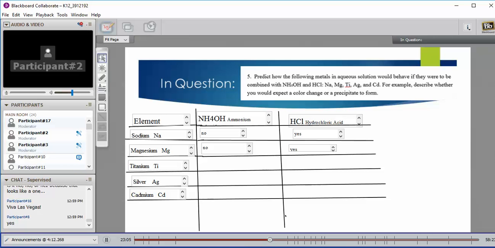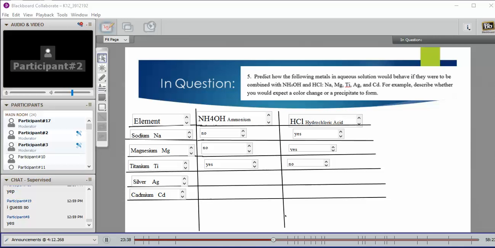We had most consensus of a yes, and you are correct. It is a transitional metal, so it is reacting with the ammonium hydroxide, not the hydrochloric acid.